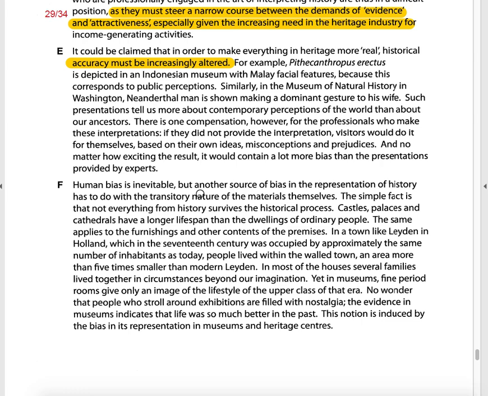Such presentations tell us more about contemporary perceptions of the world than about our ancestors. So it's saying that they have to change history to make it more presentable for people now. That's what it's saying.